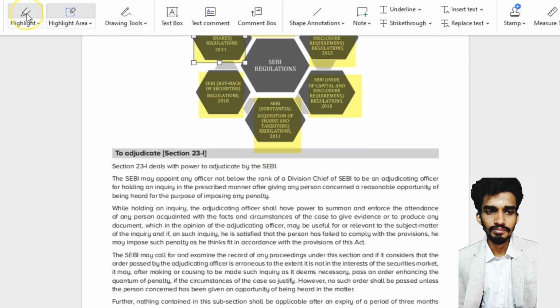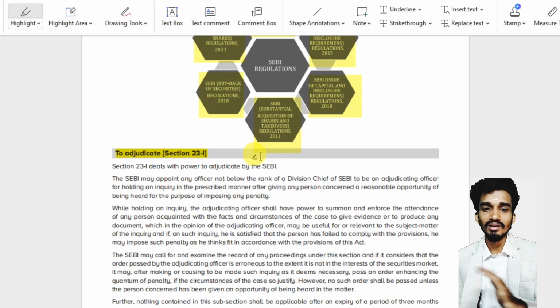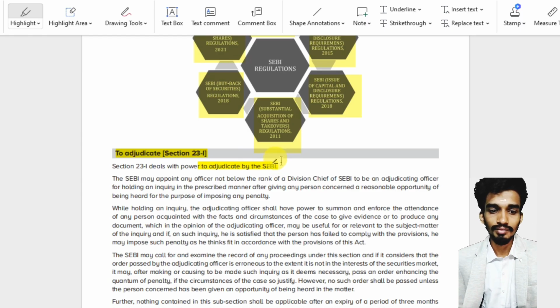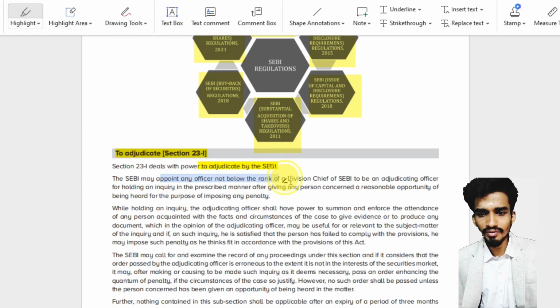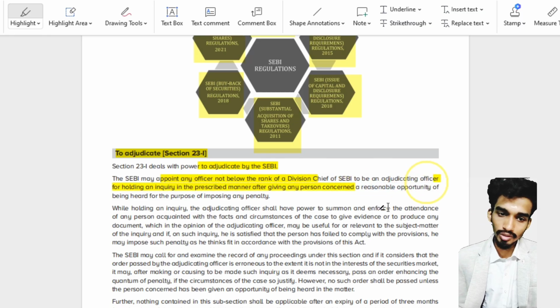And to adjudicate, section 23I talks about SEBI's powers to adjudicate. SEBI itself can adjudicate, like a court. They appoint an officer for the purpose of adjudication, and they have to give a reasonable opportunity of being heard.